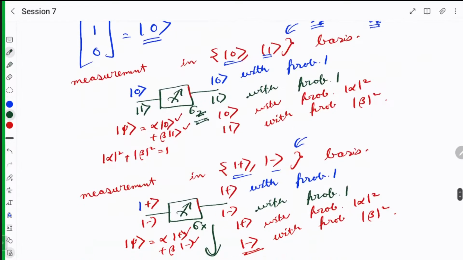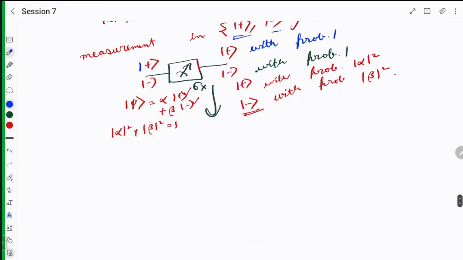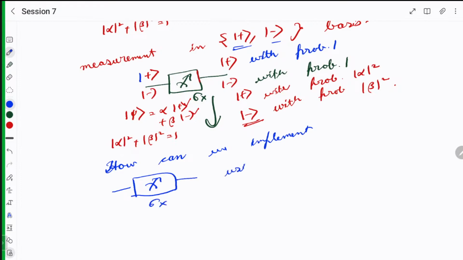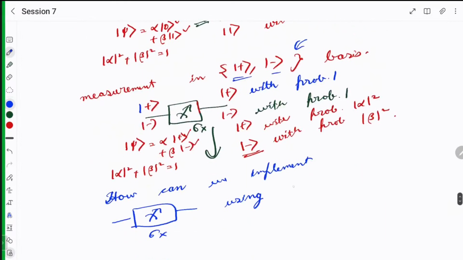So how can we implement the sigma x measurement device using the sigma z measurement device?